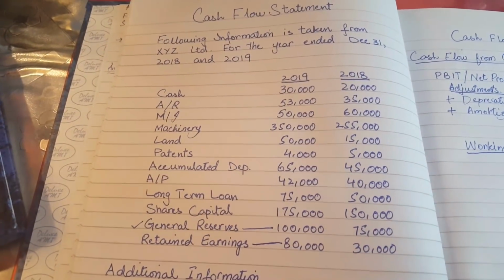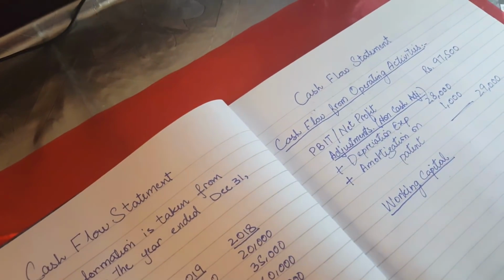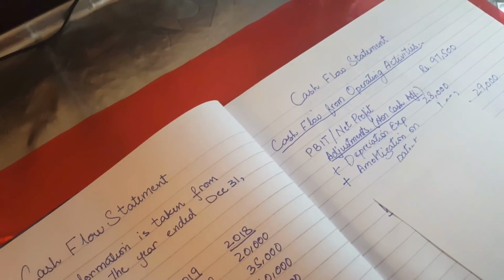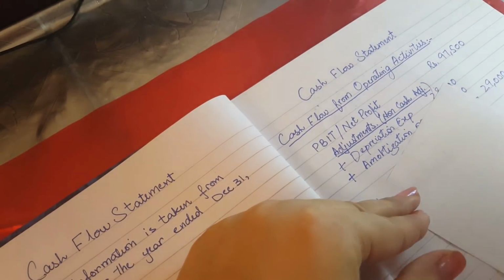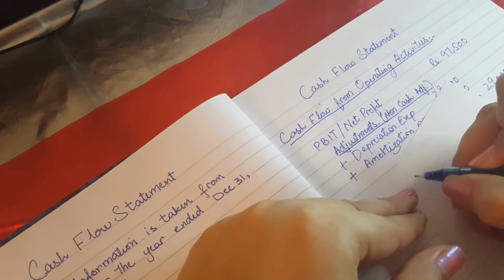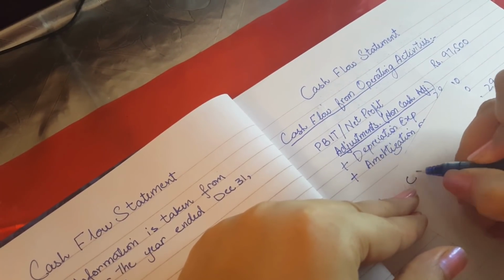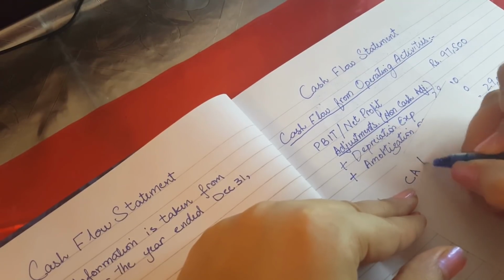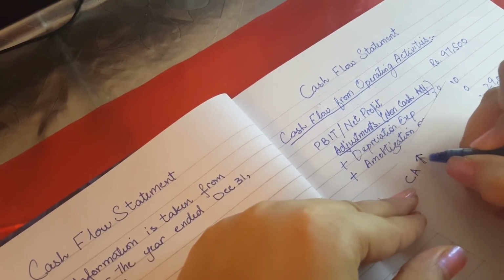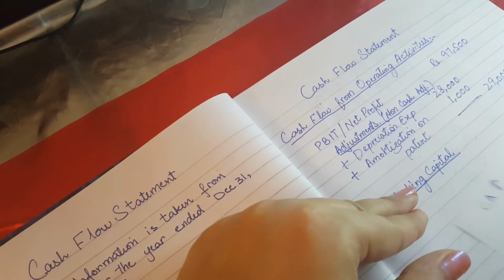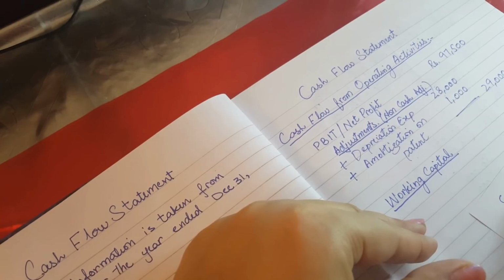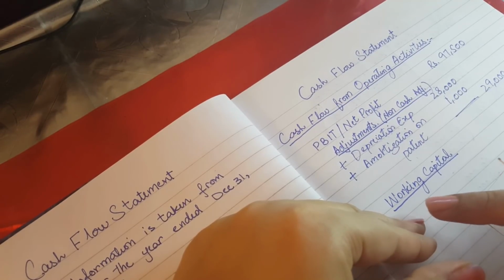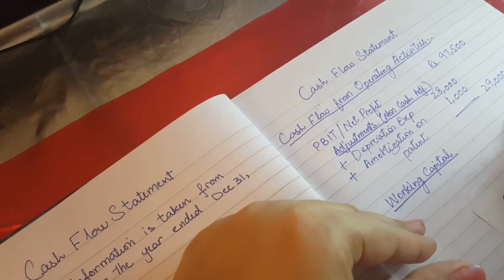Okay, so guys, first I think I should make this clear. Let me fix the camera. The very simple rule is that whenever there is an increase in current assets, this increase will be subtracted from net profit.